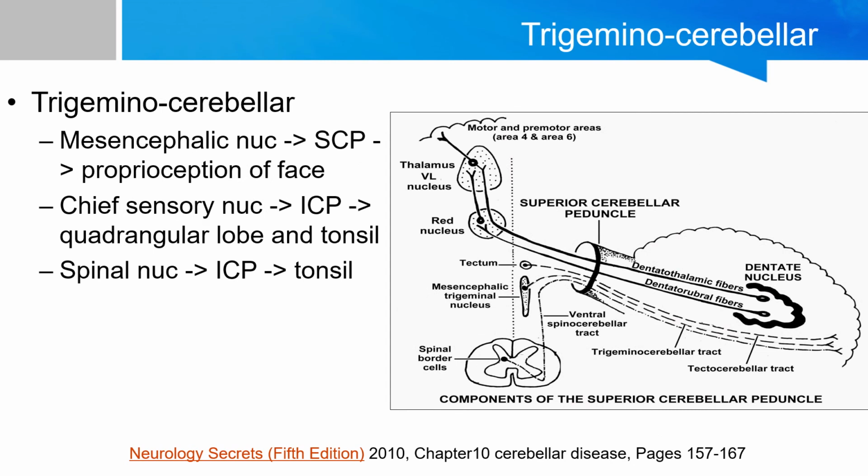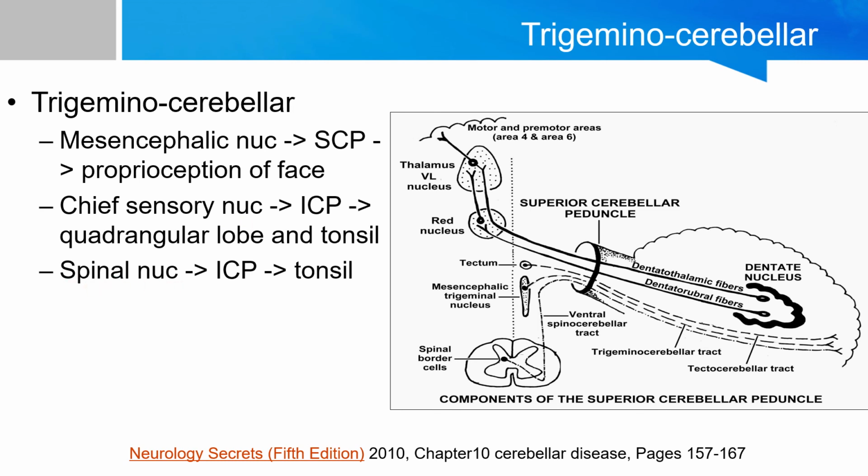Now, the proprioceptive information is also conveyed by the trigeminal nerve, and so it's not hard to imagine that the trigeminal nerve will also contribute input to the cerebellum, and hence there is a tract called the trigemino-cerebellar tract. And there are three major trigeminal nuclei that are listed here, namely the mesencephalic trigeminal nucleus, the chief sensory nucleus of the trigeminal nerve, and the spinal nucleus of the trigeminal nerve.